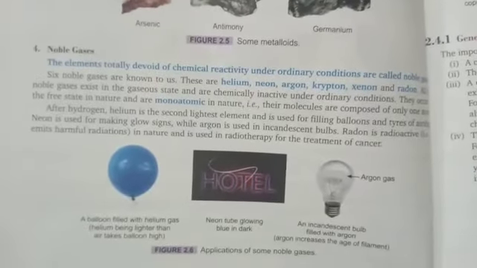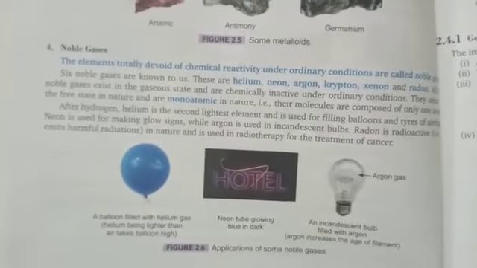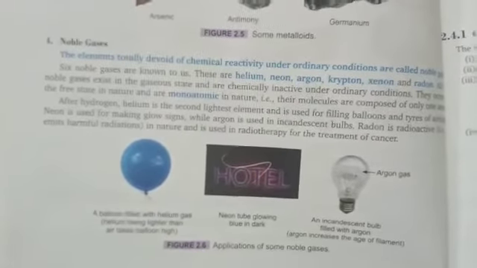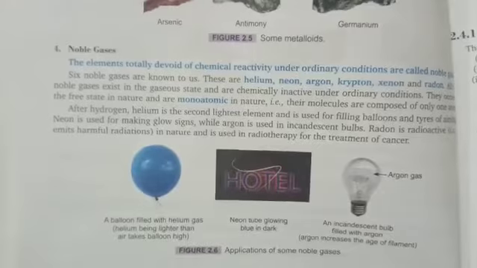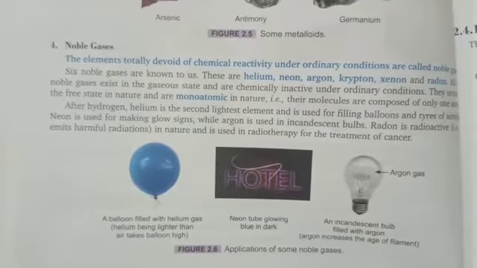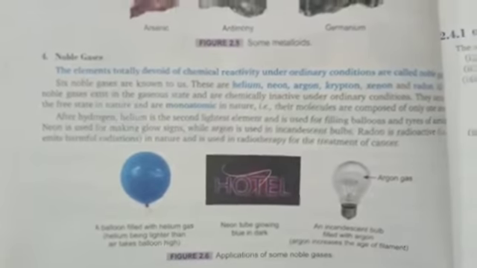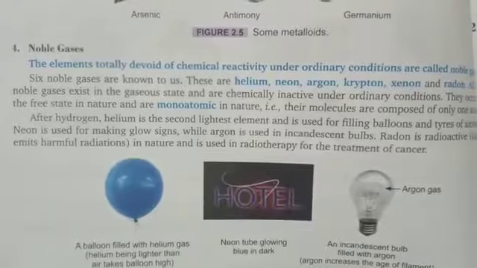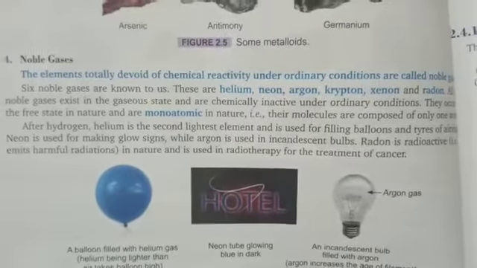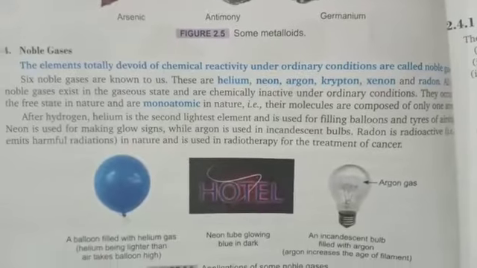Noble gas elements are those elements which are completely stable, non-reactive, and cannot participate in chemical reactions. Six noble gases are known to us. These are helium, neon, argon, krypton, xenon, and radon.